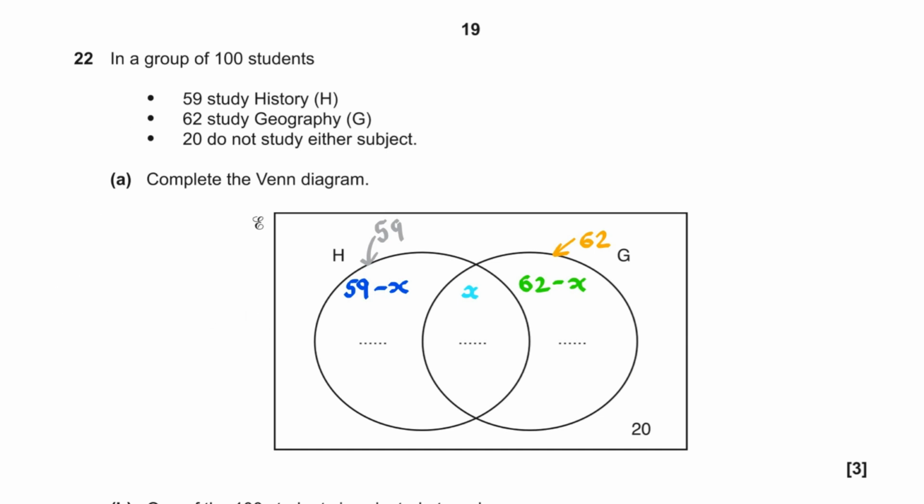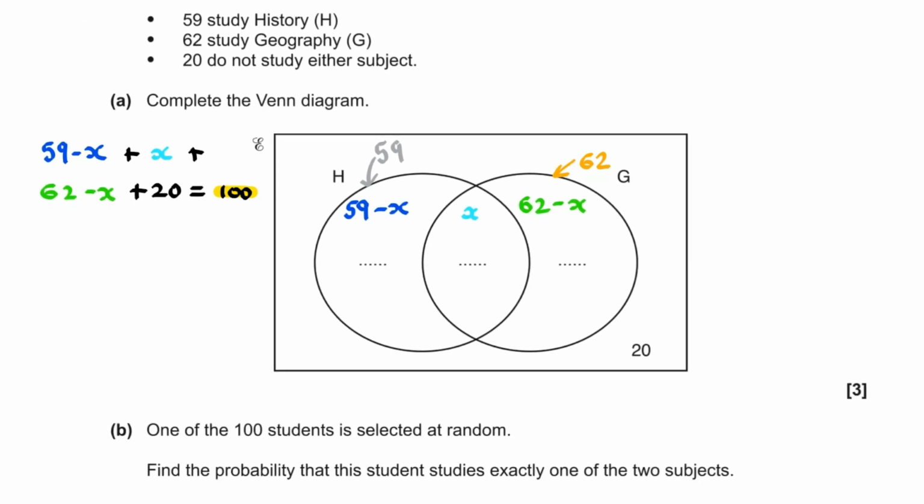So we've got the 59 minus X, and we also have the X, and we also have the 62 take away X, and we also have this 20, and in total we've got 100. We have 100 people in total. And what we need to do is find out what X is.